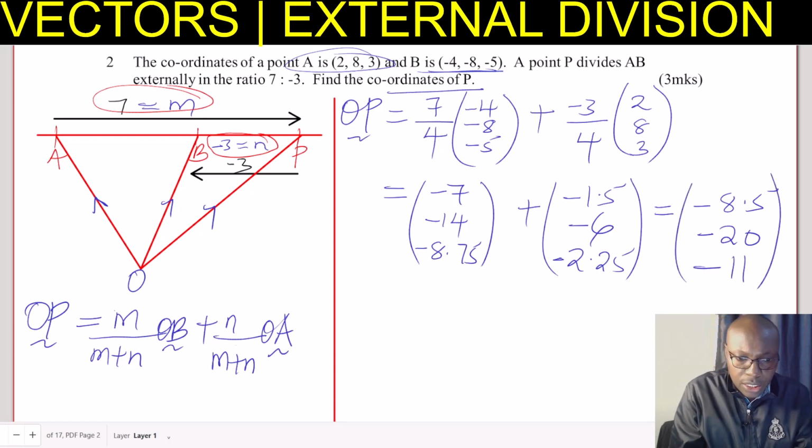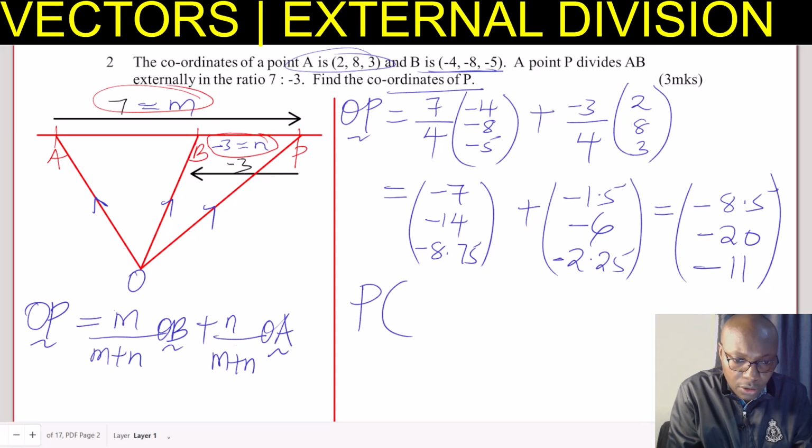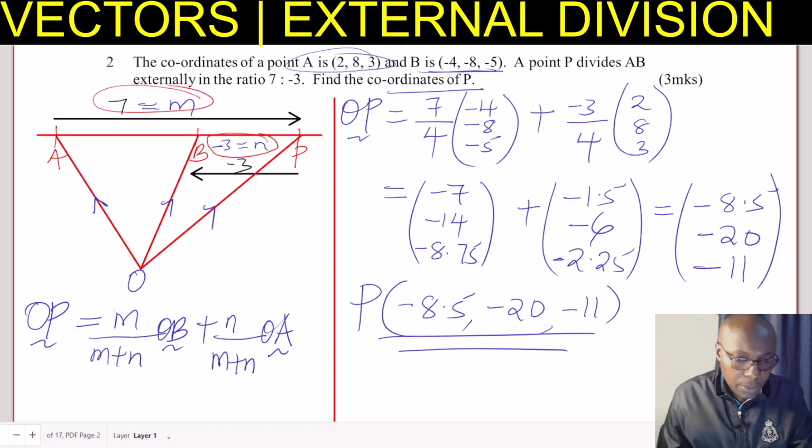So that is OP. The column vector of OP is negative 8.5, negative 20, and negative 11. So writing that as coordinate, because we're supposed to write the coordinate of P, will be negative 8.5, negative 20, and negative 11. So that is how you're supposed to solve that question.